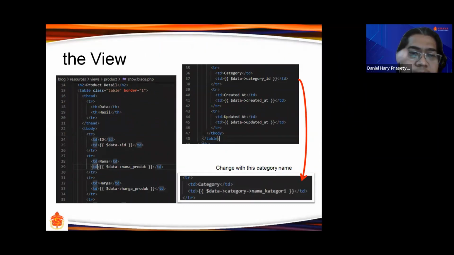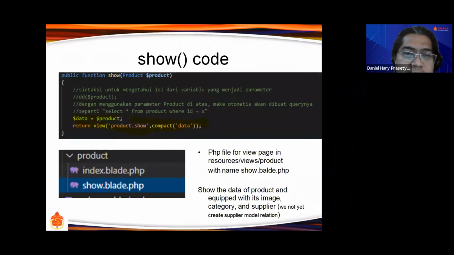There is table ID equal to the ID, nama equal to the nama produk, harga equal to harga produk. We can use a table for the better, and then we can use the category function in the product. Kategori, nama kategori. Okay, we will do it.